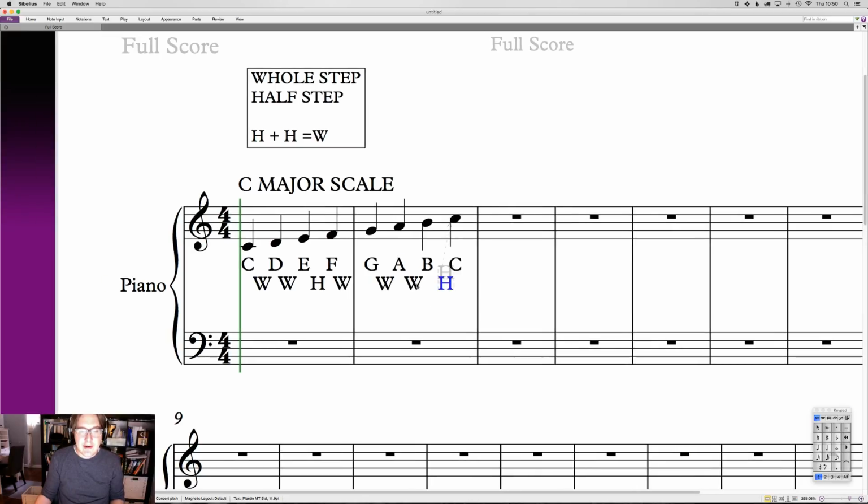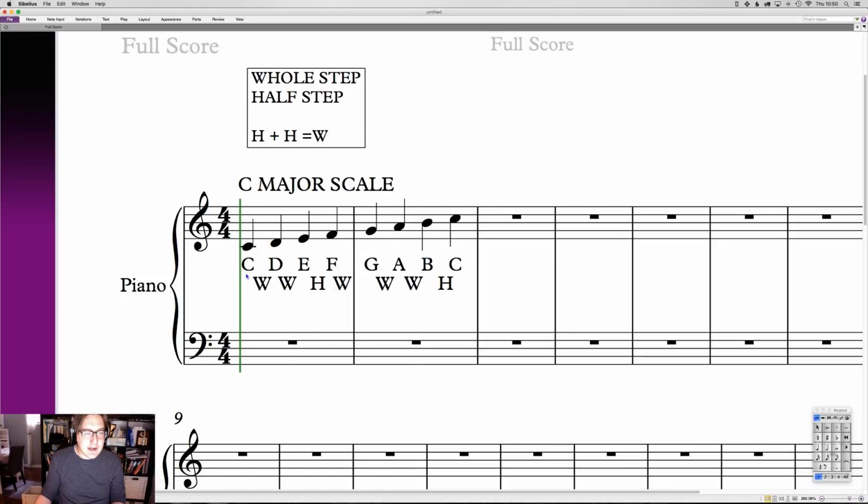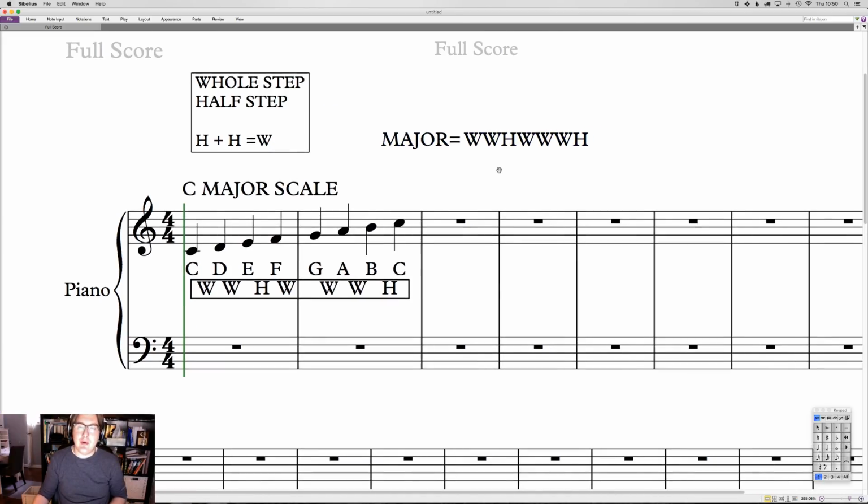So this pattern down here, this thing that exists naturally in the C major scale right here, whole, whole, half, whole, whole, whole, half, is what makes a scale major. So whenever I say the word major, what I mean is a pattern of notes that comes from a scale, whole, whole, half, whole, whole, whole, half.